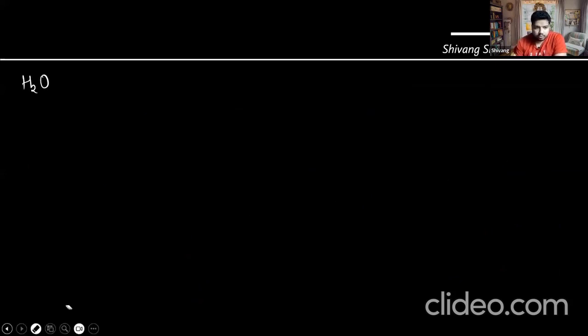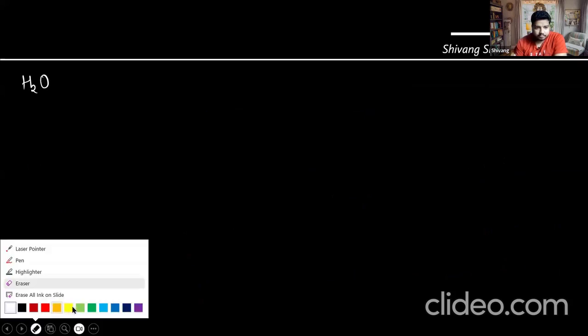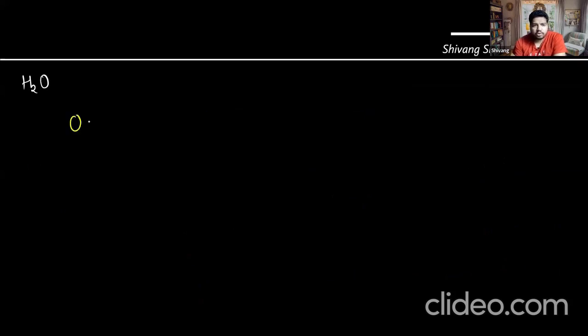H2O. So when we draw the dot and cross, it looks like this. Two lone pairs and two bond pairs. So we have two lone pairs plus two bond pairs, which is four electron pairs, correct? So four electron pairs means it is going to be tetrahedral again, right?